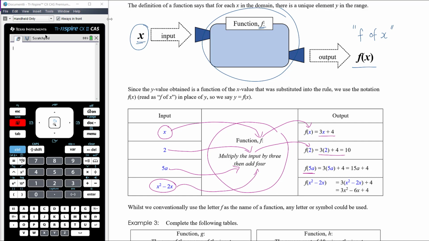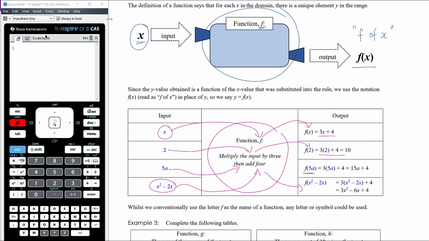We substitute it into the rule, which says multiply that input by 3 and then add 4, and we produce our output. So applying the function to the input x squared minus 2x means doing 3 times x squared minus 2x, plus 4, and obviously we can expand that out and collect any like terms and tidy that up.